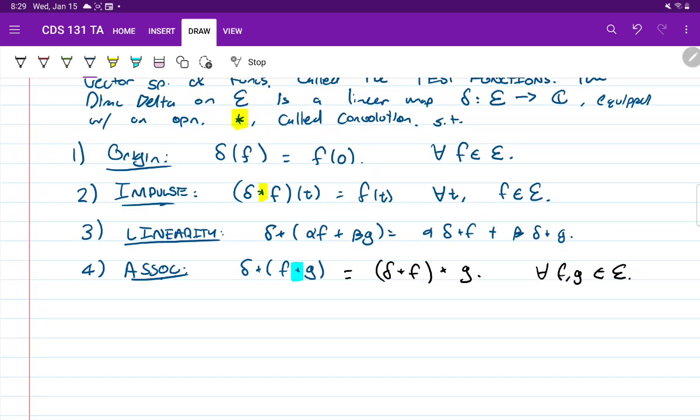Okay. So just like we defined the shifted delta function in discrete time, we can do the same thing in continuous time, right?